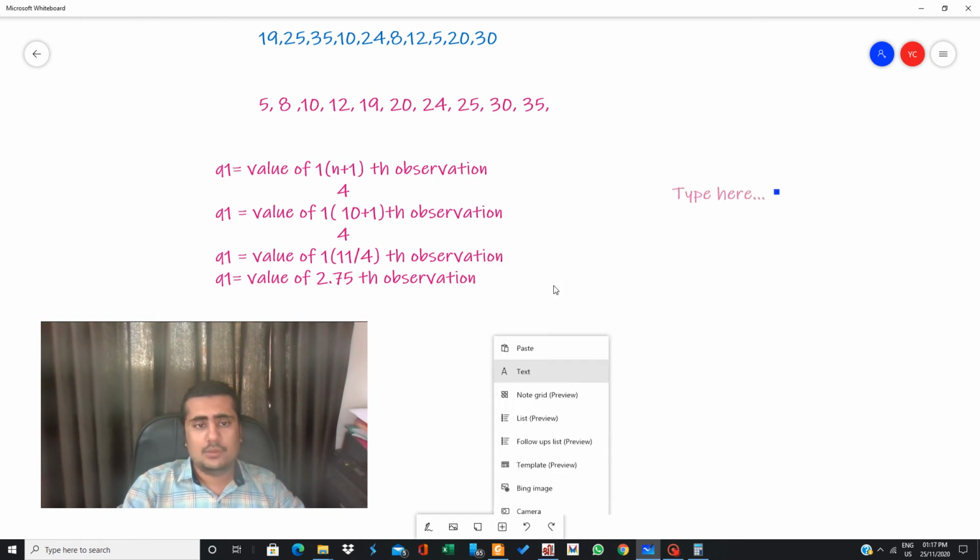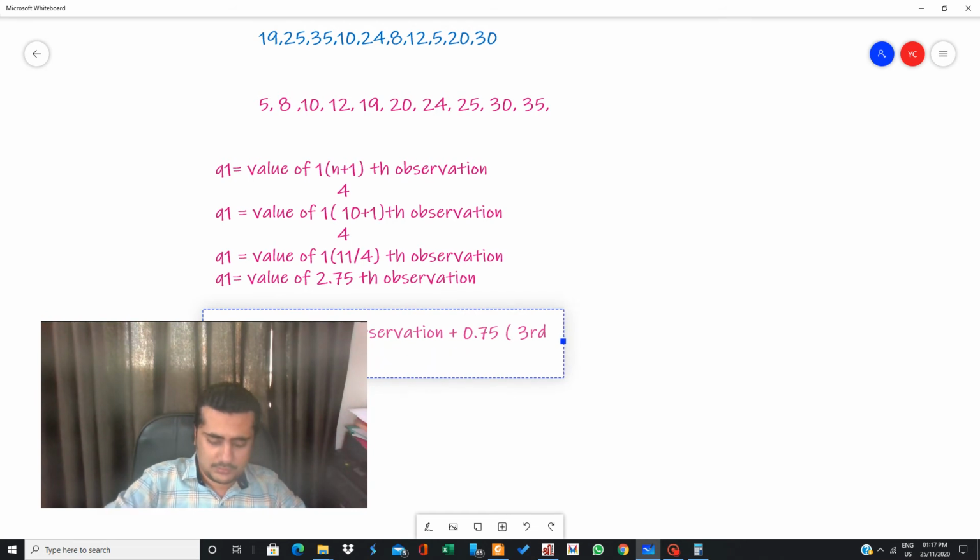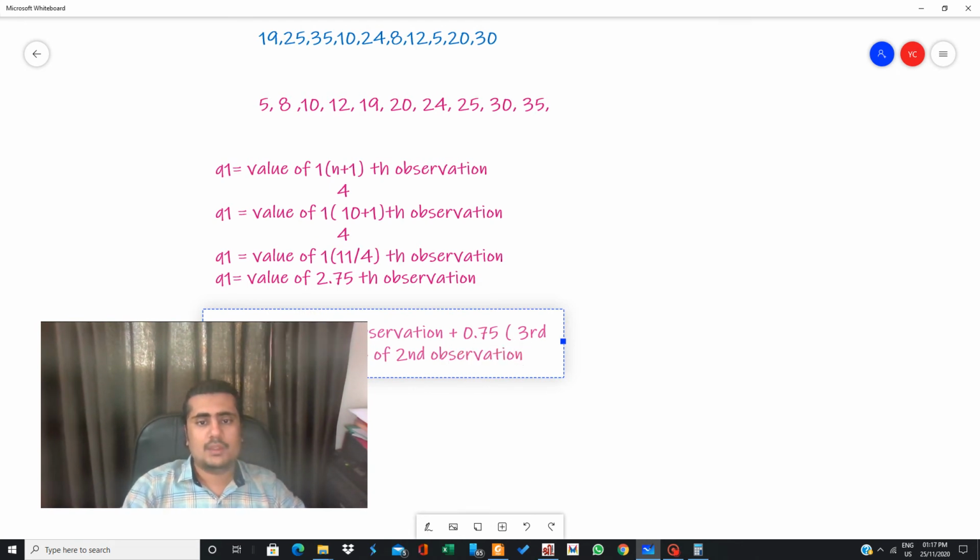Okay, so now Q1 is equal to value of second observation plus 0.75 into value of third observation minus value of second observation.